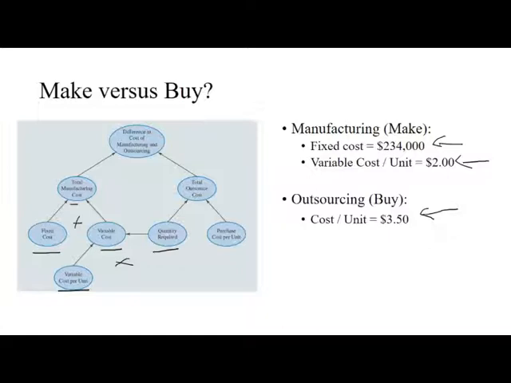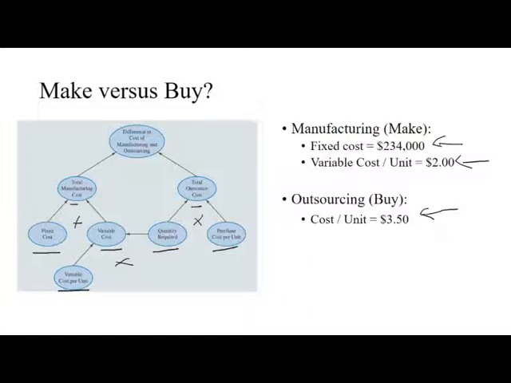Outsourcing, as we said, is simpler. Here, if we multiply the quantity we require times the purchase cost per unit, then we get the outsource cost. Note that both of the manufacturing and the outsourcing total costs are a function of the quantity required. So we have to make sure that we satisfy demand.